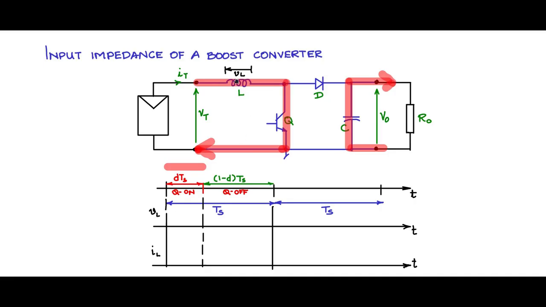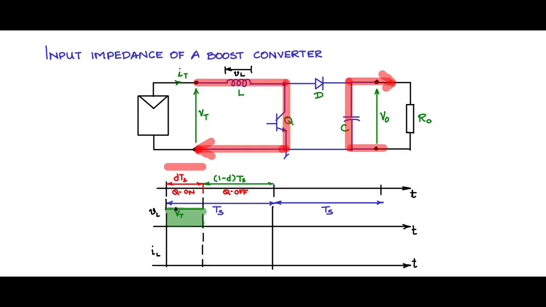So VL, during the time when Q is on, this side is at 0, this is at VT, so you will have VT voltage coming across during the on time, and during the same time the current flowing through the inductor is the same as IT.